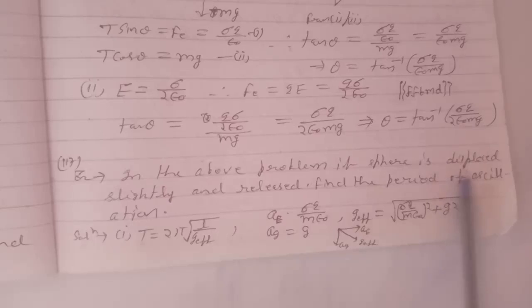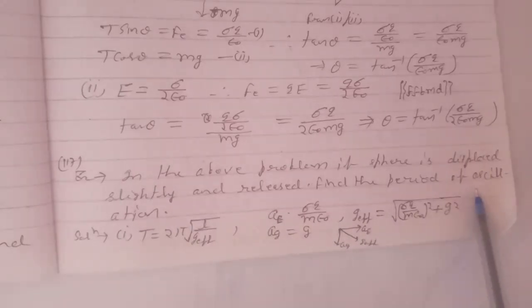Next, in the above problem, if the sphere is displaced slightly and released, find the period of oscillation. Here the solution will be, we know that in such a case, T equals 2 pi root L by g effective.